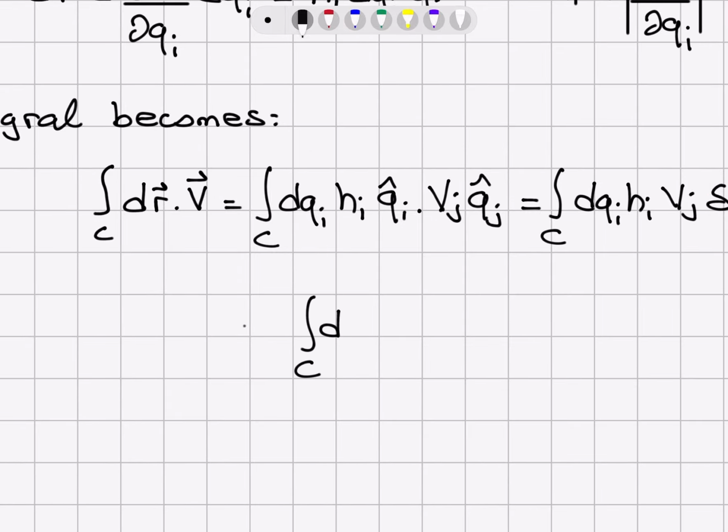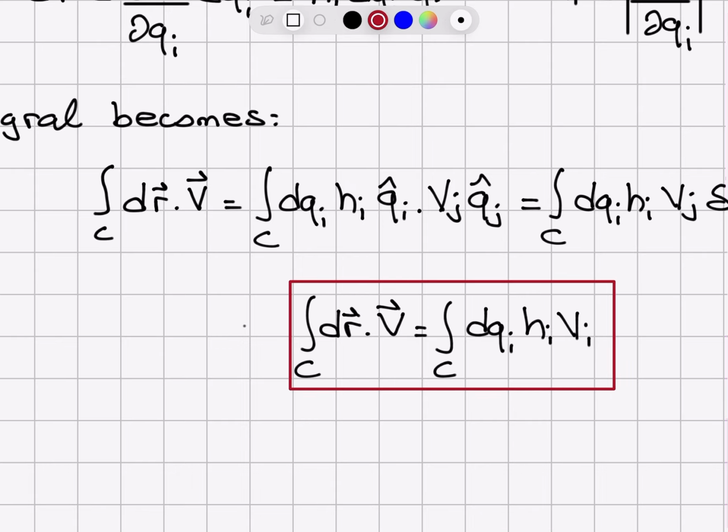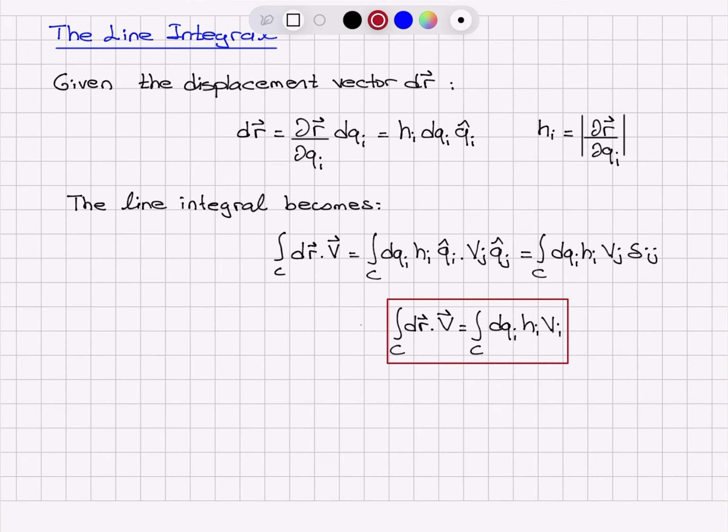The contour integral dr dot v is dqi hi vi. So we have to take the ith component of the vector v in the curvilinear coordinate system.